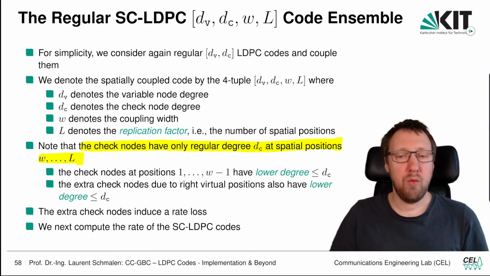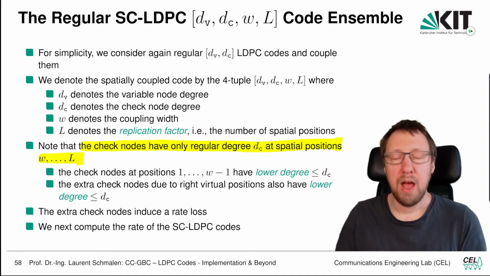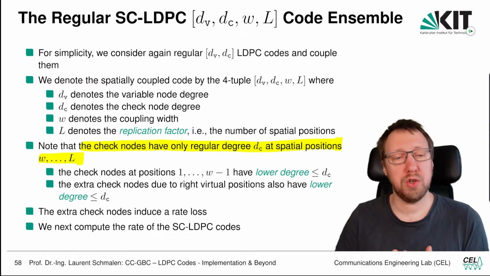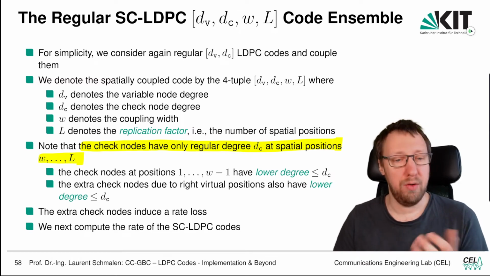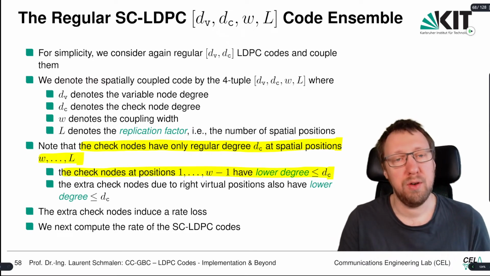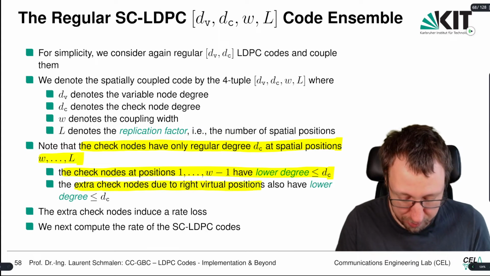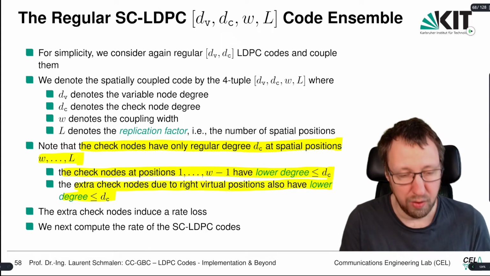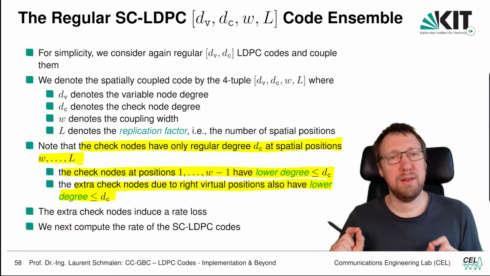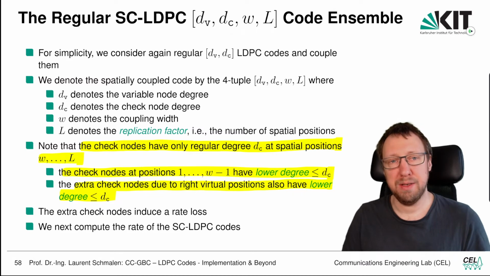So there we have a lower degree, that is smaller degree. And also the new check nodes that we introduced at the new virtual positions have a lower degree. So the check nodes at positions 1 to W-1 have a lower degree, and the extra check nodes also have lower degree. You're going to see that this lower degree is very important for the great performance of spatially coupled LDPC.